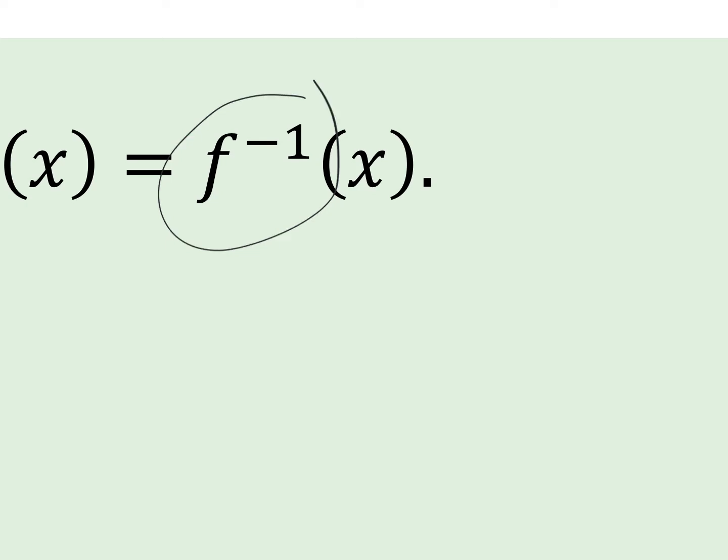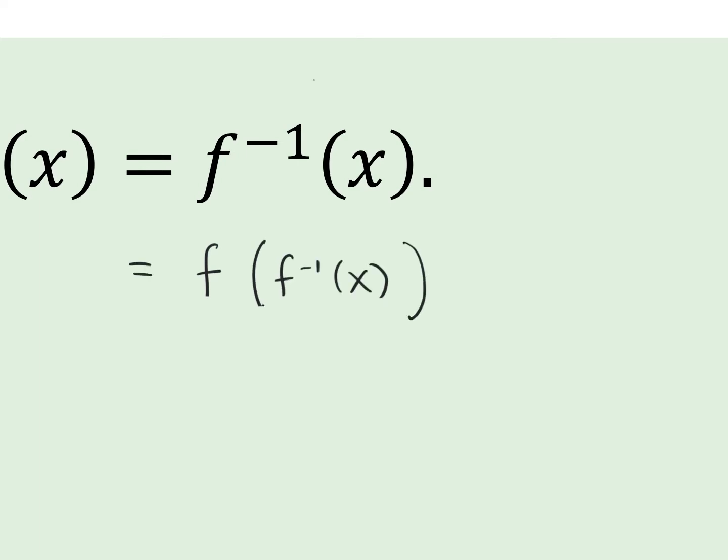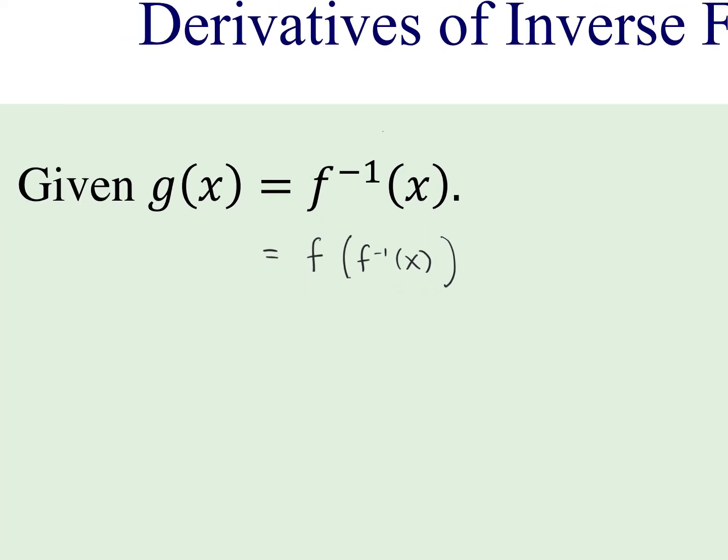Very good, good job. So we're going to get rid of the f inverse by using an f. Let's apply f to f inverse of x. But what we do to one side, we have to do to the other. So I have to apply an f to the g of x function. So what do I have left on the right side of the problem?